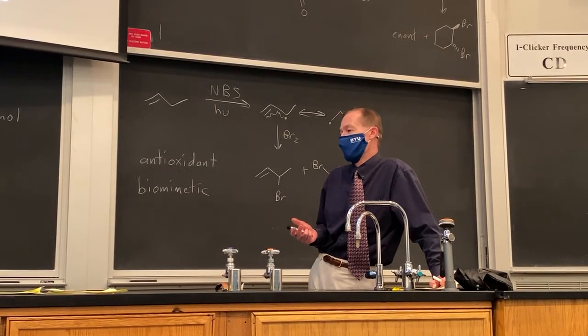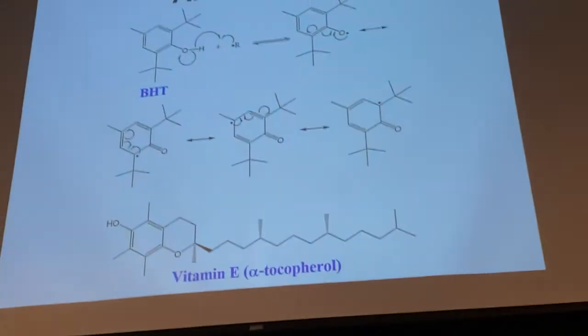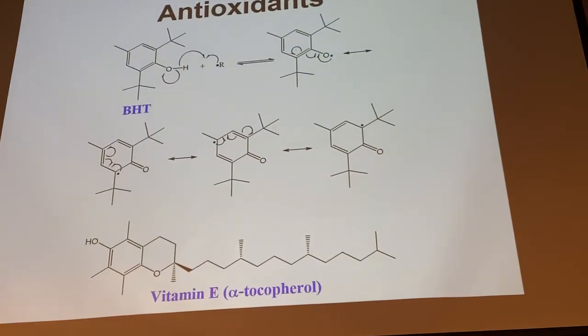It's not a naturally occurring molecule. The chemists who designed and synthesized BHT were inspired by the structure of vitamin E, or alpha tocopherol. You see that vitamin E has a highly substituted benzene ring with an OH group on it, similar to what we have in BHT. Vitamin E is a natural antioxidant. It has this long nonpolar tail that allows it to insert into cell membranes.